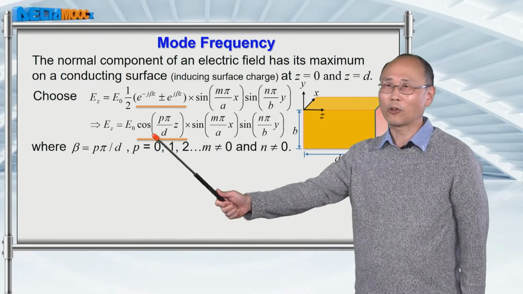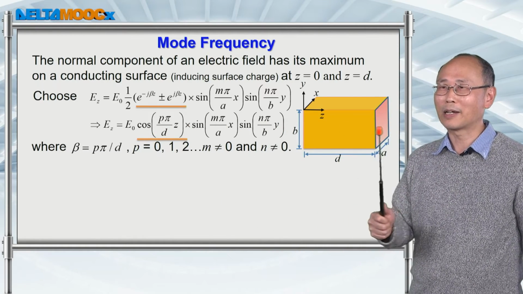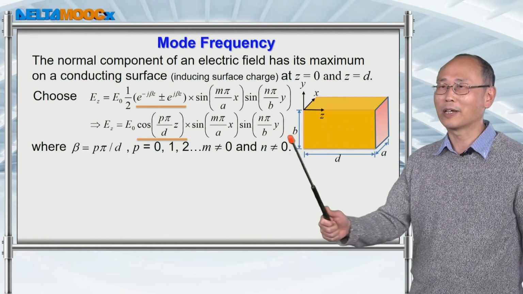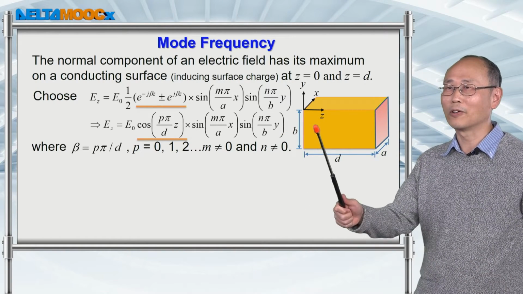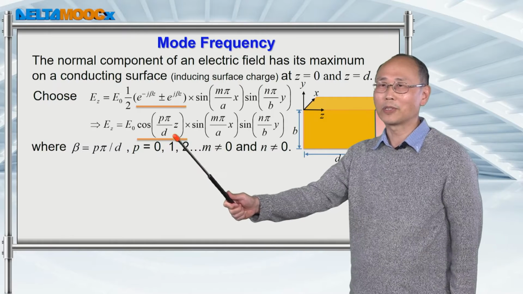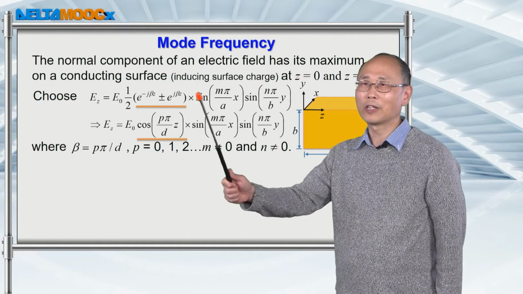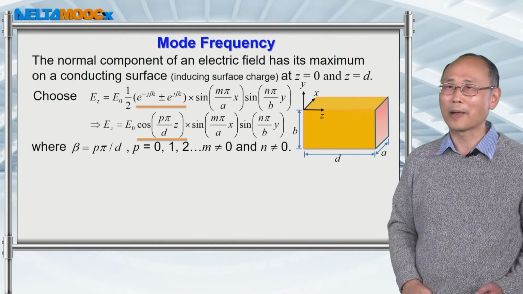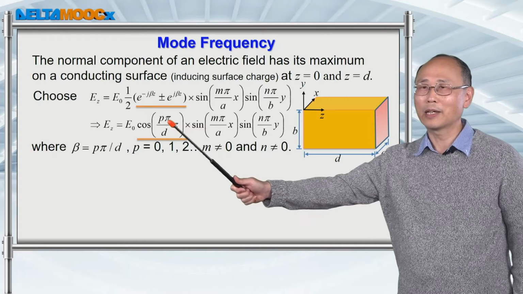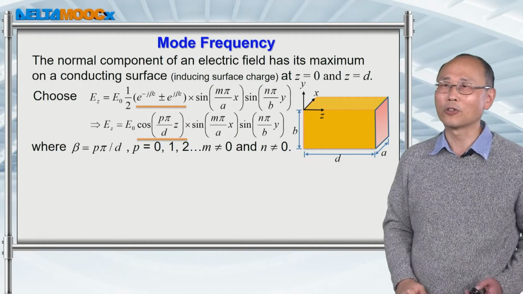So we'll choose the cosine solution and make sure that the length of this cavity is an integer multiple of the half wavelength along this direction. So you come up with this eigenvalue p pi over a for this beta value because you create a standing wave inside, and this p is the integer that can be 0, 1, 2, and so on.